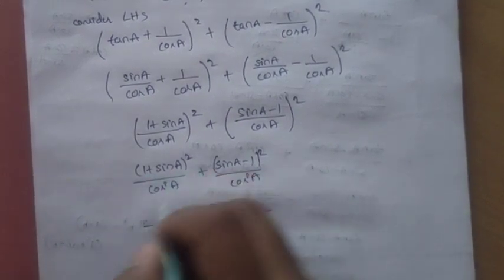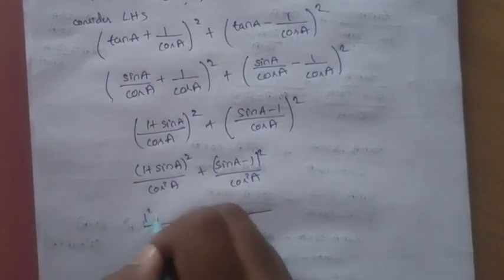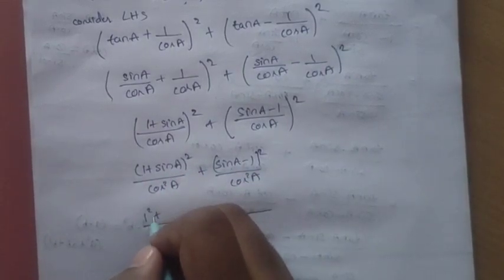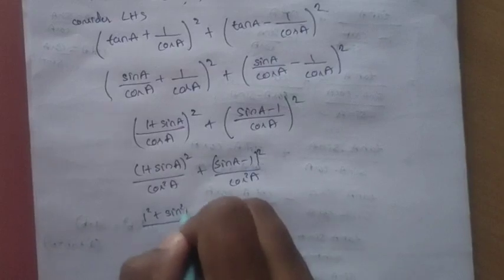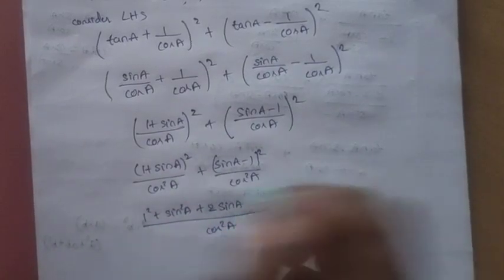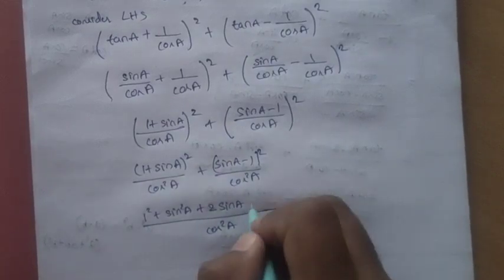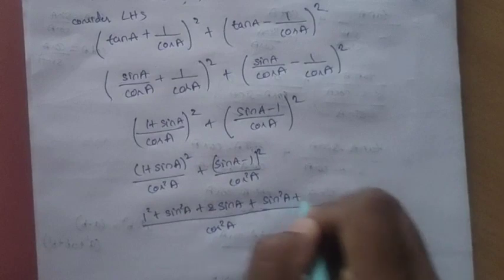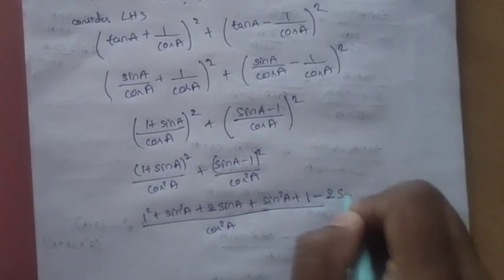Now (1 plus sin a) whole square is in the form of (a plus b) whole square, which can be written as a square plus b square plus 2ab, so that is 1 plus sin square a plus 2 sin a. Similarly, sin square a plus 1 minus 2 sin a.